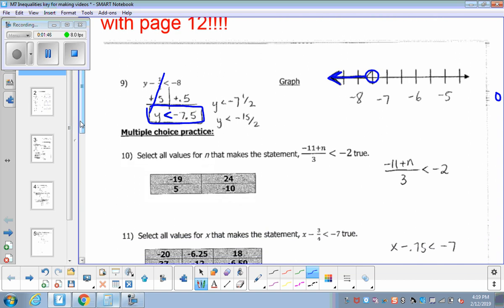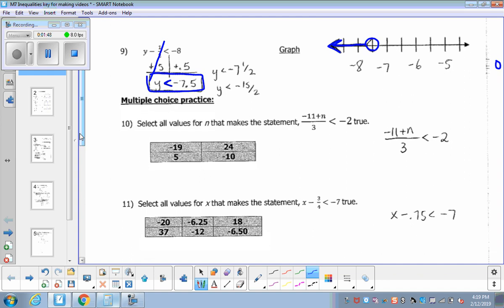Now let's take a look at number 10. In class, I was able to go over some of these types of problems with you all earlier in the week. And in the video that you already watched, you should have been able to also review how to solve problems like this. I want to remind you guys that this entire quantity right here, our numerator, is an unknown. We don't know it.